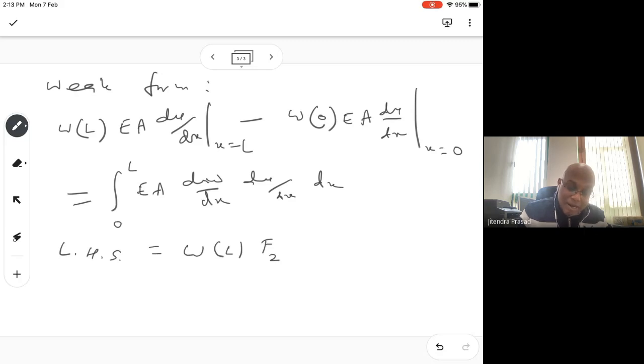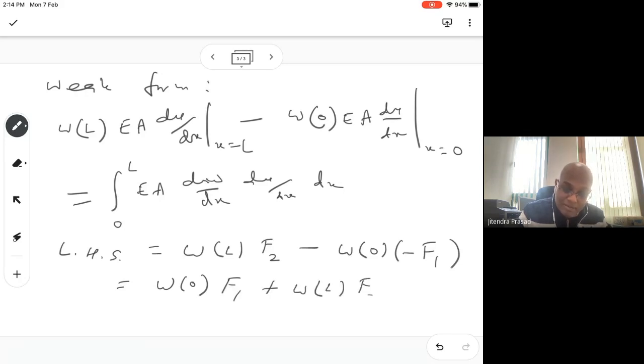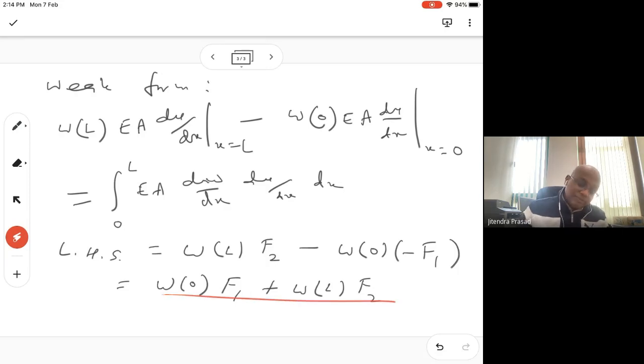Then minus w0, and this one is minus F1. So that makes it simply w at x = 0 times F1 plus w at L times F2.